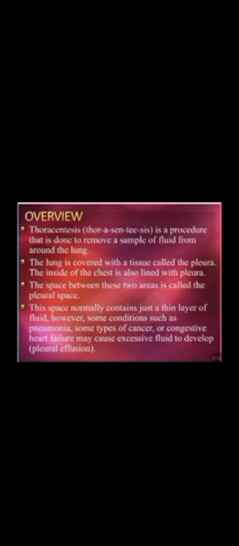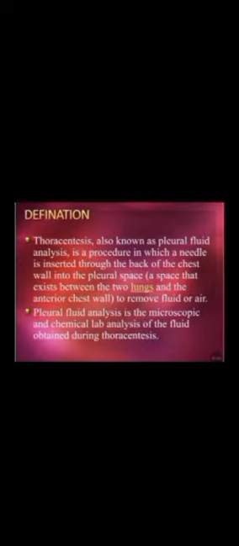This space normally contains just a thin layer of fluid. However, some conditions such as pneumonia, some types of cancer or congestive cardiac failure may cause excessive fluid to develop, called pleural effusion.